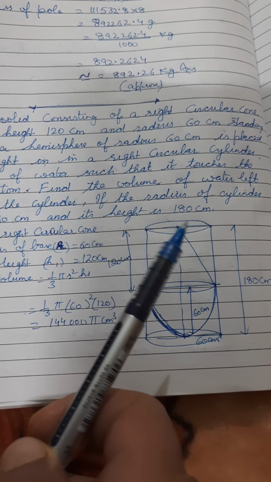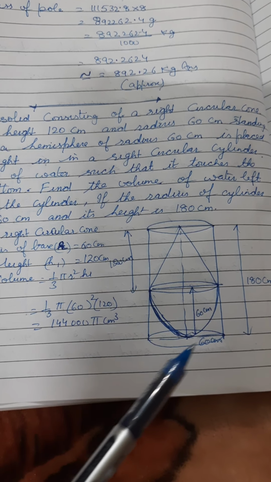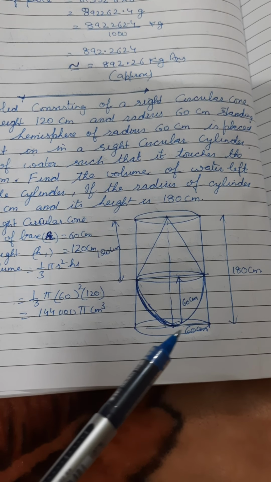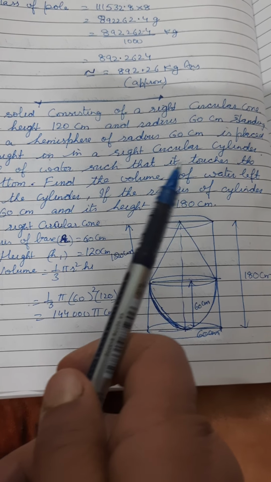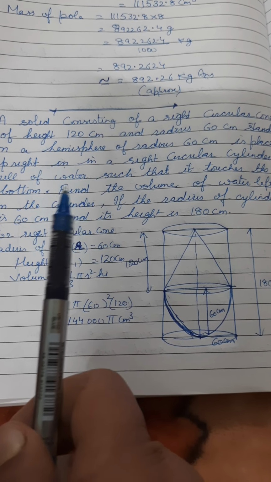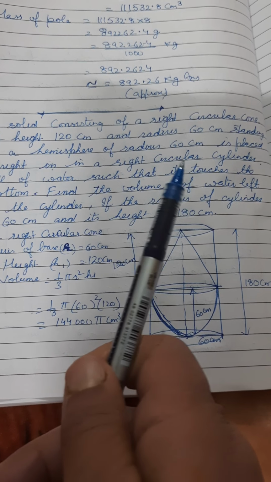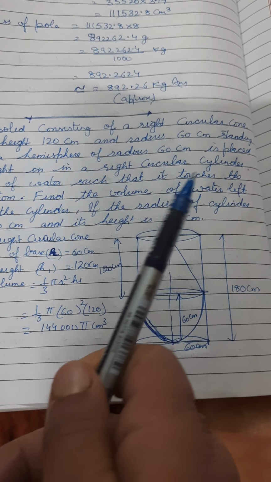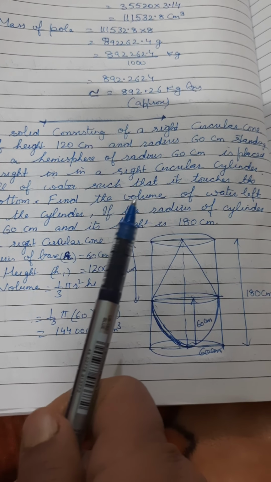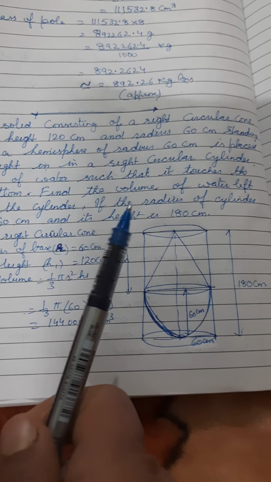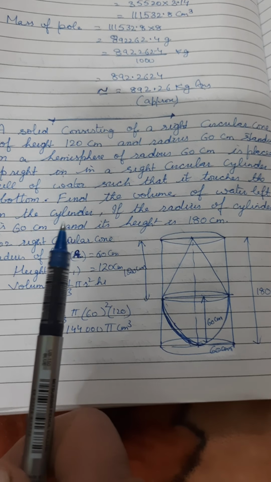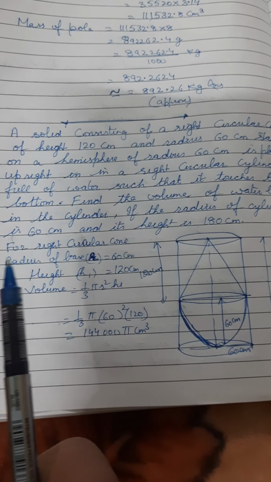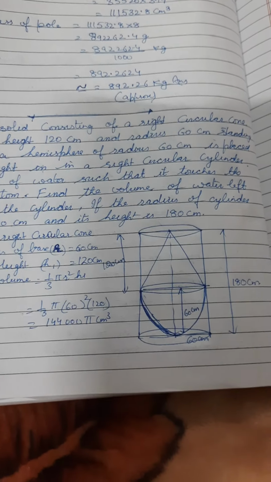Now this whole toy is placed into a cylinder. The height of the cylinder is given to be 180 centimeter and radius is 60 centimeter. Now it is placed upright in a right circular cylinder full of water such that it touches the bottom. Find the volume of water left out in the cylinder if the radius of cylinder is 60 centimeter and its height is 180 centimeter.